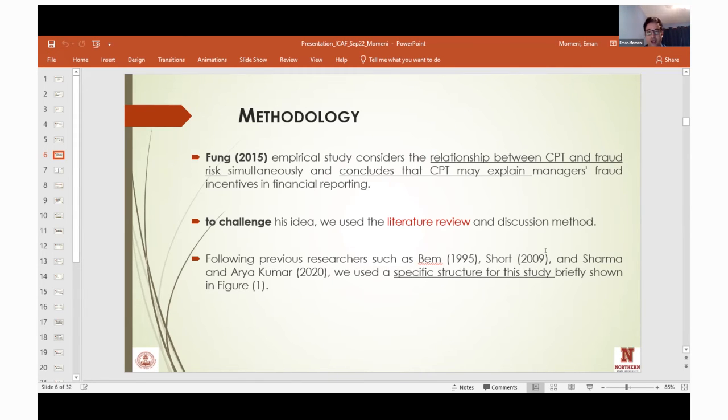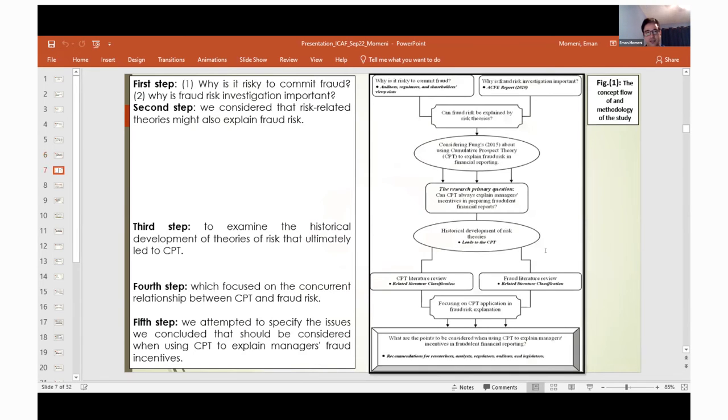Our specific structure for this study, following previous studies in this regard, will follow five steps. In step one, we will answer two basic questions: why is it risky to commit fraud, and why is fraud risk investigation important?